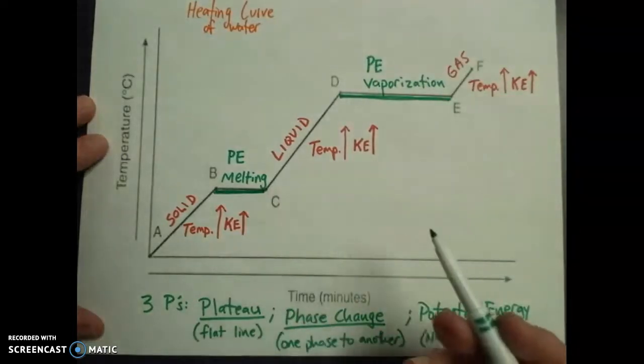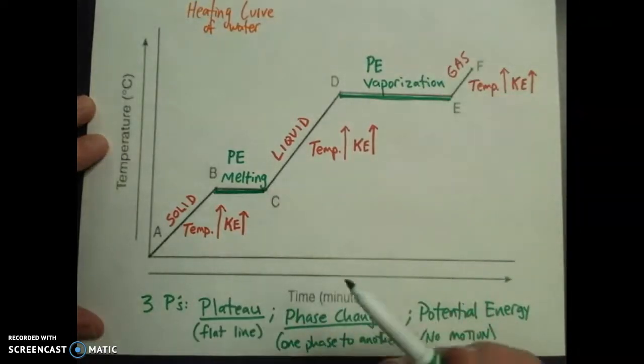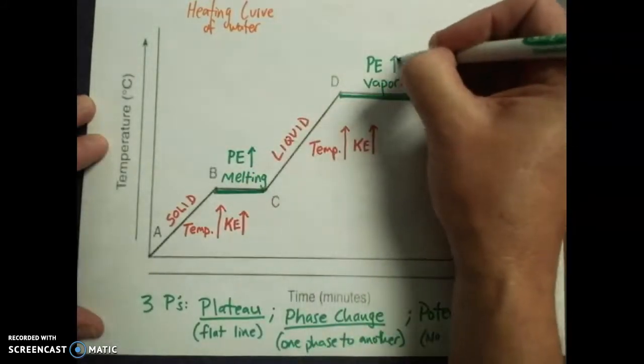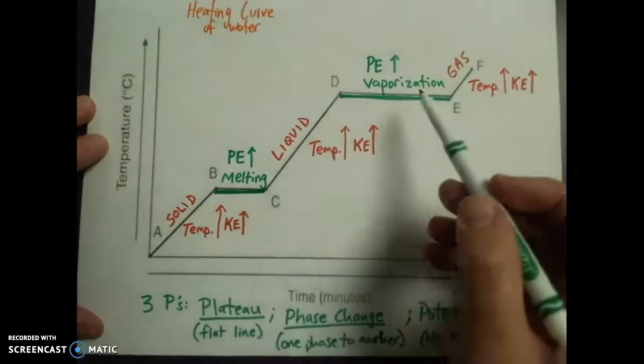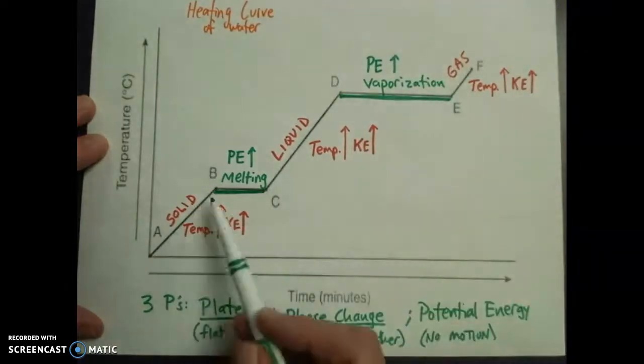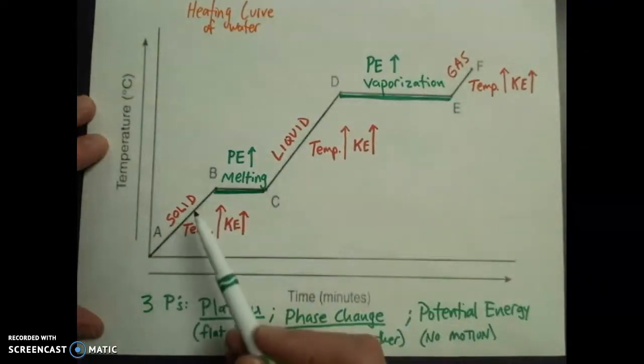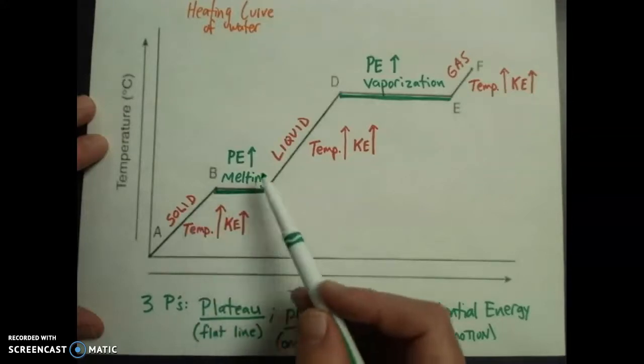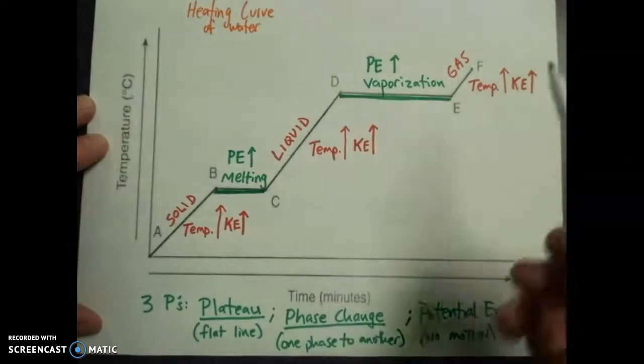The temperature isn't rising, there is no rise in kinetic energy, and there's no motion. So the potential energy increases as we get to the next phase. Kinetic is movement, temperature, and then we have no movement, potential. Kinetic to potential, kinetic to potential, kinetic to potential.